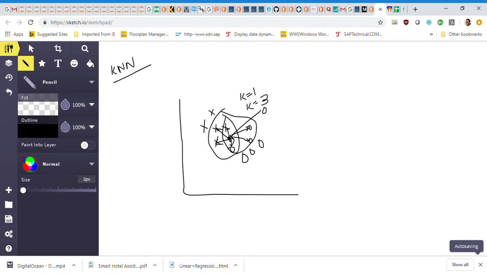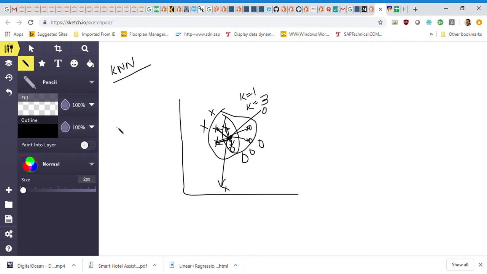So from this circle you can identify that the distance between the x point and the delta point, the unknown feature, is the minimum rather than the circle. So in that case this one gets classified as x. So this is just the basic thing on how the KNN algorithm works.